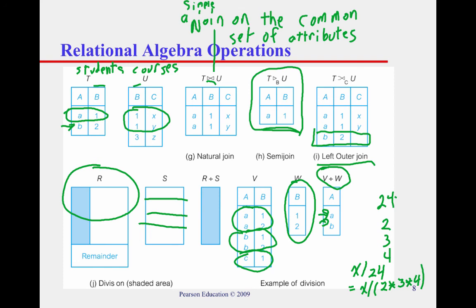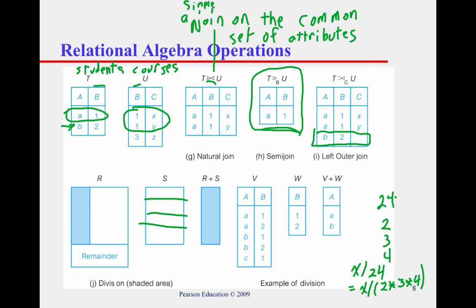And then you say, okay, so what is this part that shows up? Think of what shows up as what is left when you divide the number by it. So if I had 72 and I divide it by 24, what's left is 3.